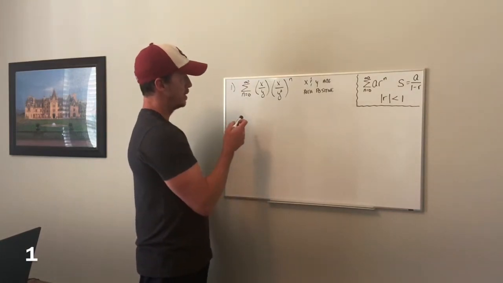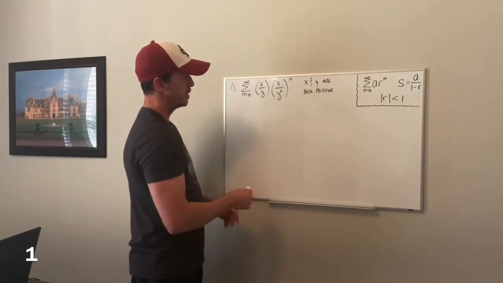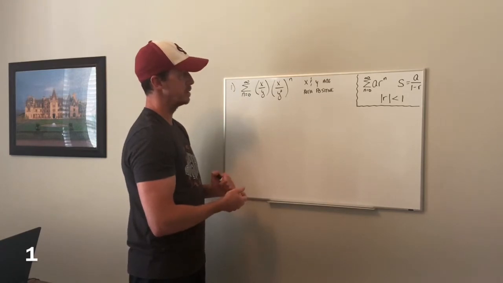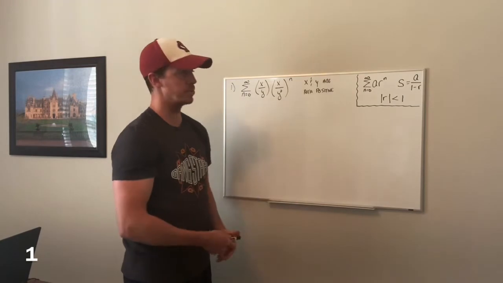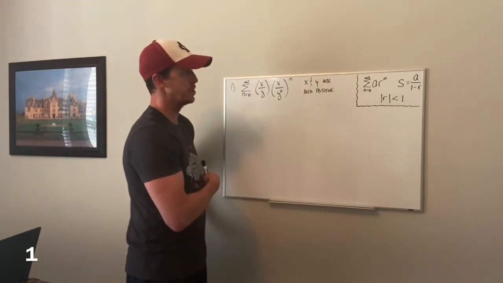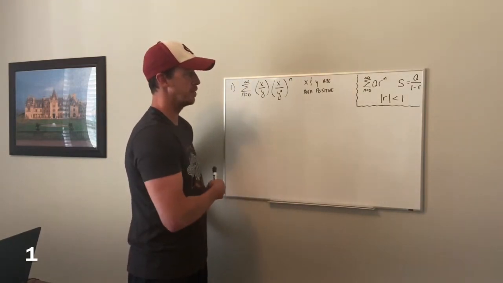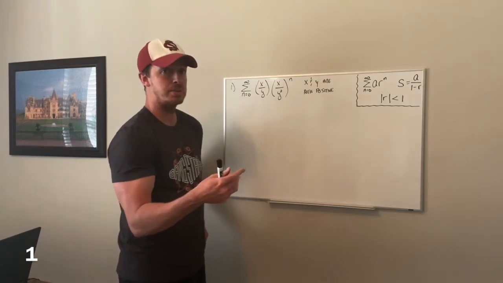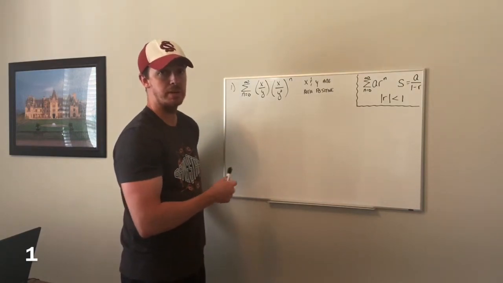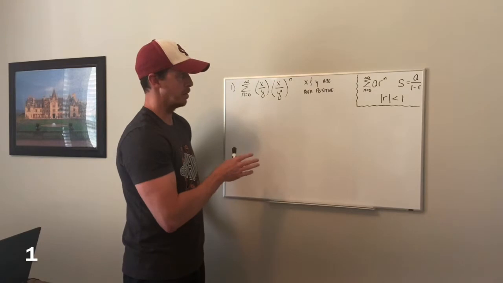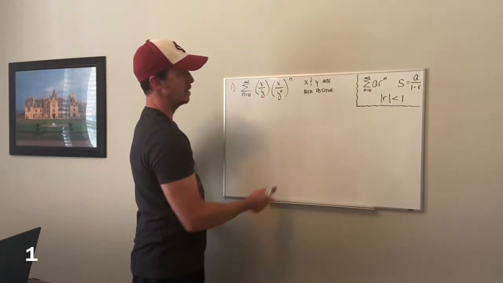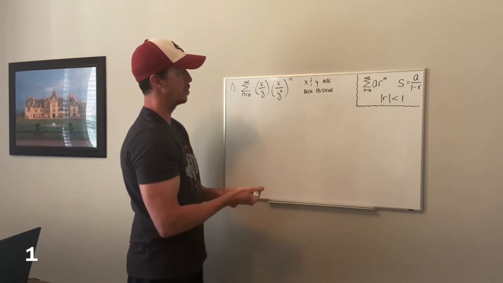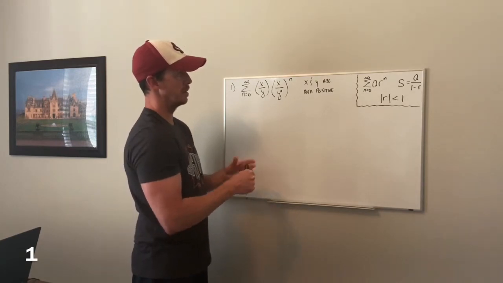You look at number one, they give you this, and the question is, which one of these has to be true in order for this series to converge? And in all the answer choices, it's all about some kind of relationship between X and Y. Even though this looks kind of crazy, the fact that X and Y are both positive, well, that's good.